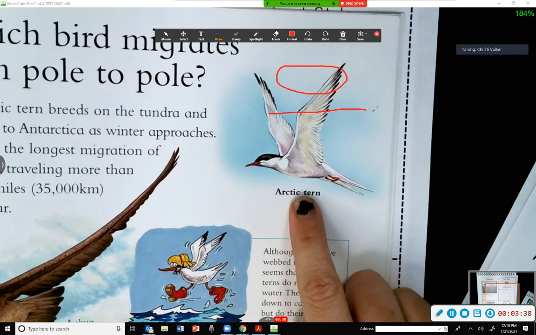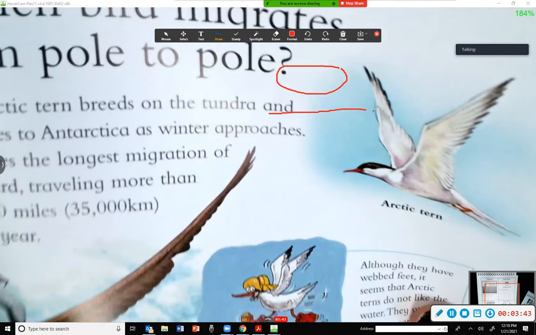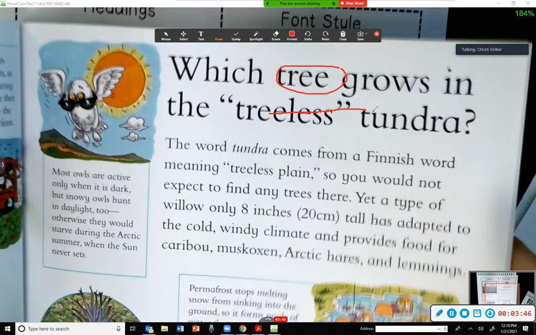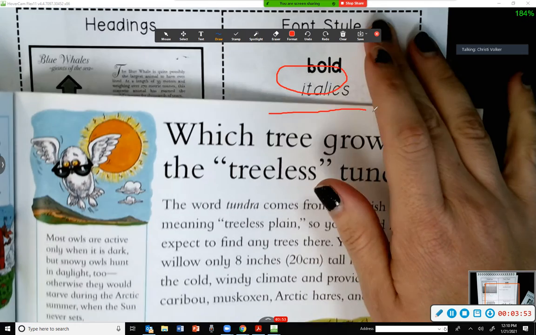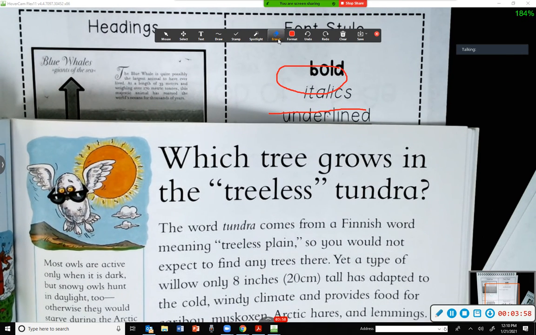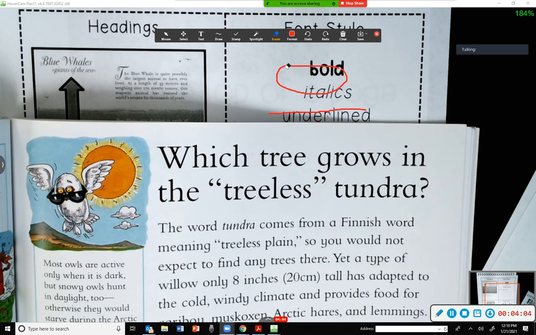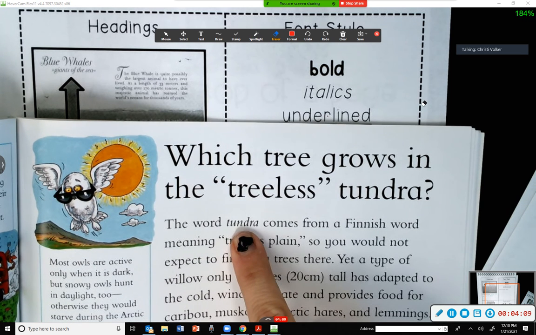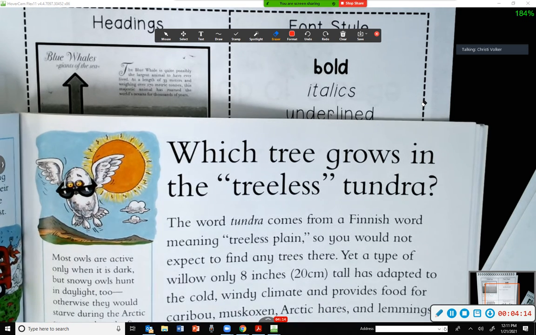Okay, I see bolded words right here. What does this look like? No, not what, but what type of font did they use? Bold, italics, or underline? Underline. Italics, good. Okay, so this is an example of italics. So why did they italicize that word?